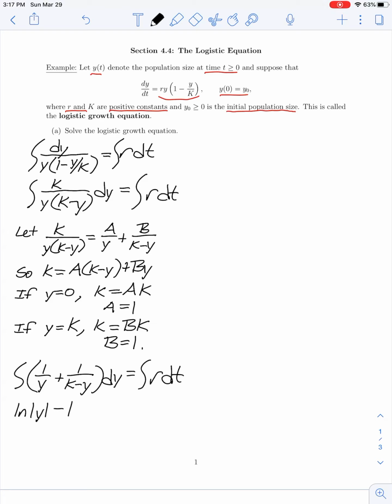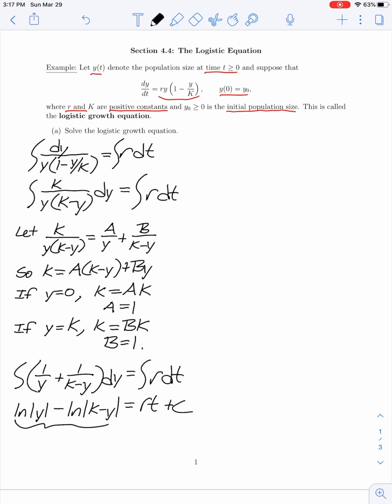So on this left-hand side, when we integrate, we have the natural log of absolute value y minus the natural log of absolute value k minus y is equal to rt plus C. Again, for these separable equations, we can always group all of our constants of integration on one side. Now from here, we'd like to try to solve for y explicitly.